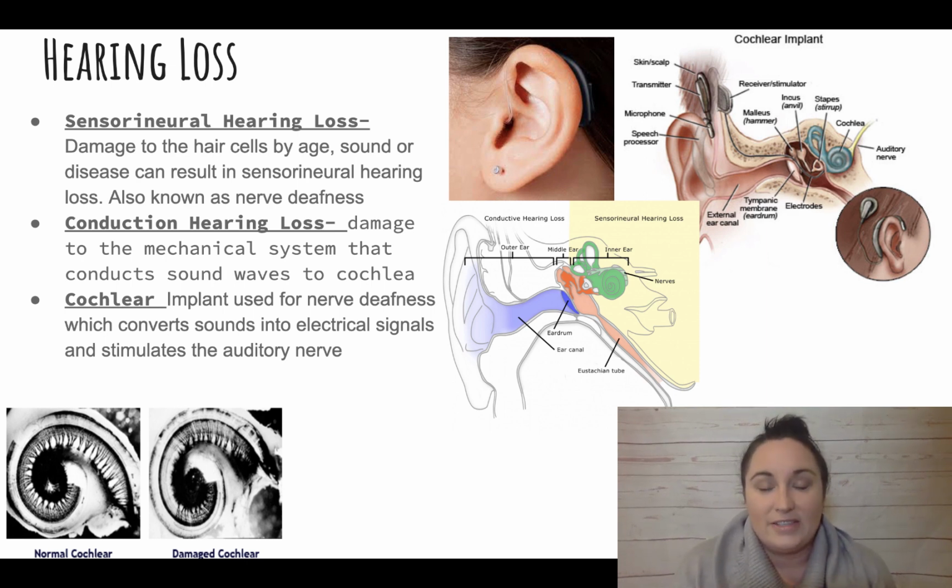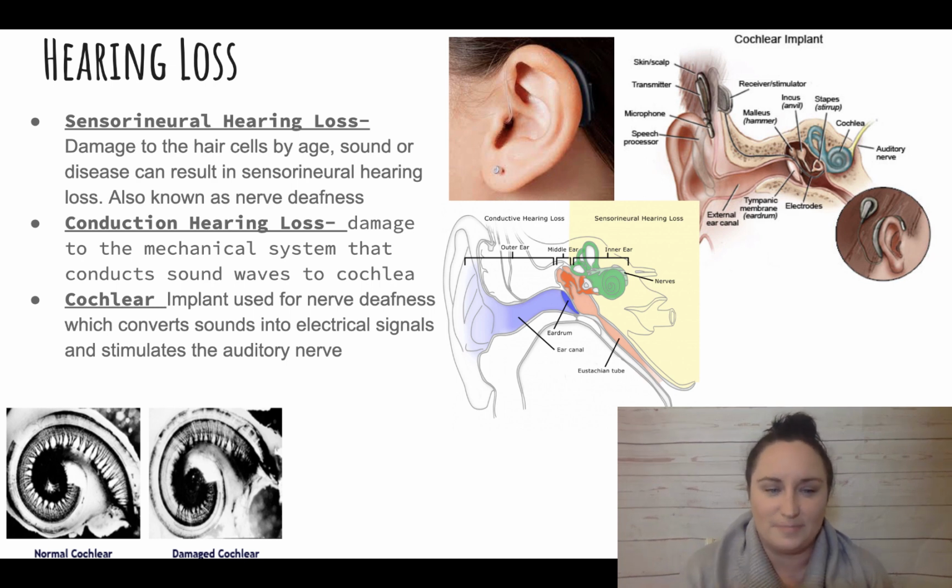Some people use a cochlear implant, and I have a picture of this in the top right. This is for nerve deafness, and it converts the sound into an electrical signal and stimulates the auditory nerve.